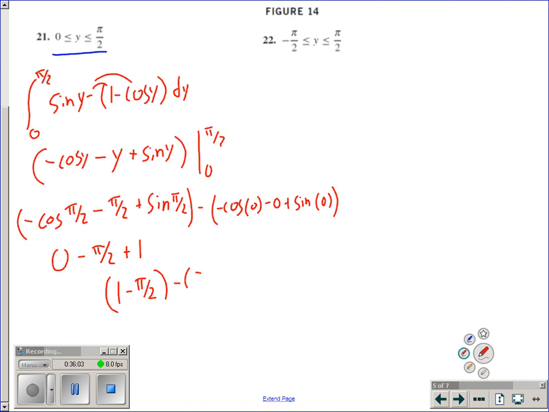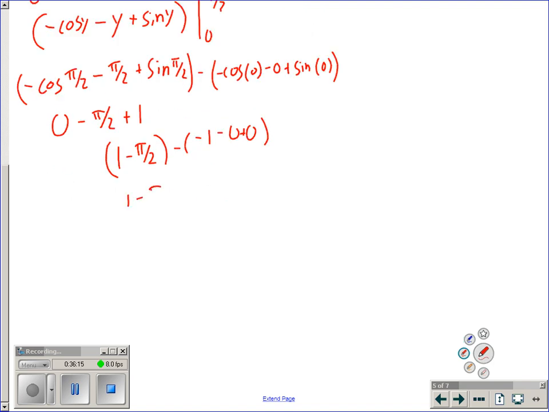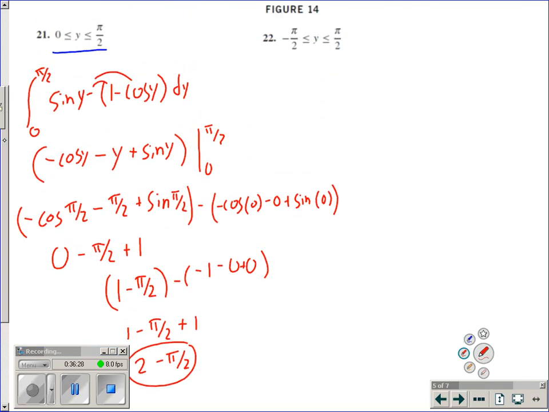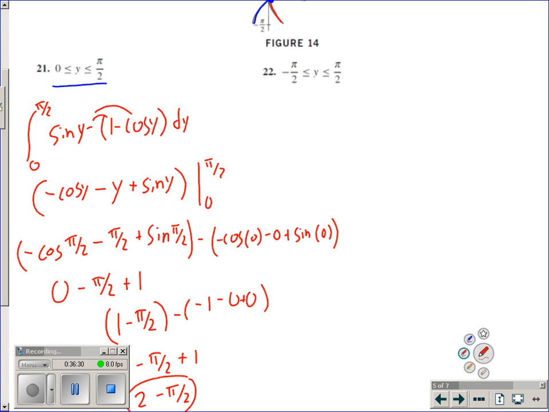That would be 1, so negative 1, minus 0, and then the sine of 0 is 0. Okay, oops. So finally my answer will be 1 minus pi over 2 plus 1, or 2 minus pi over 2. All right. Okie doke. Let's try the next one.